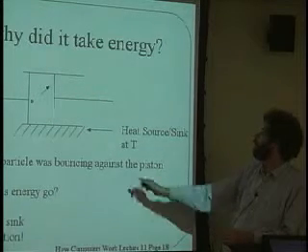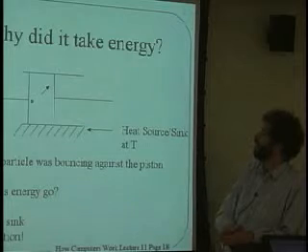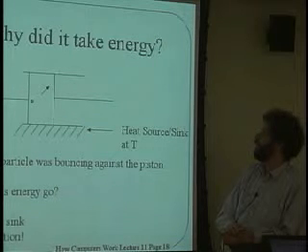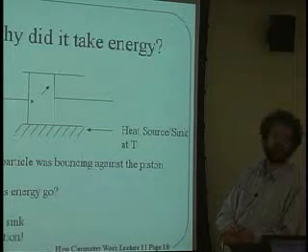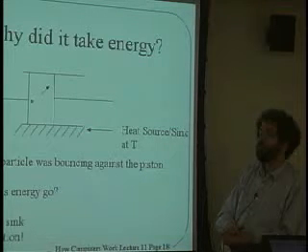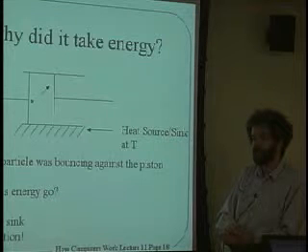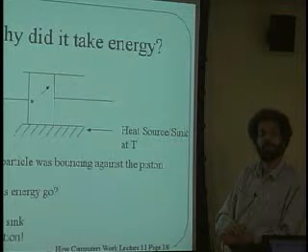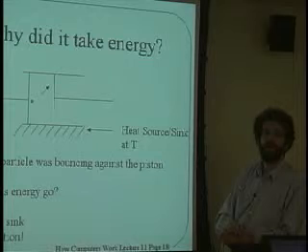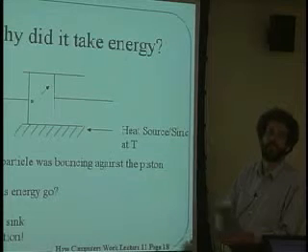And we knew that it took energy because the particle was bouncing against the piston. And where did the energy go? When we're all done, where did it go? It went into two places, and it turns out an equal amount of energy, and this should sound like a familiar thing, went into each of the places. First of all, the particle wanted to get faster because we were squeezing it over to the left.